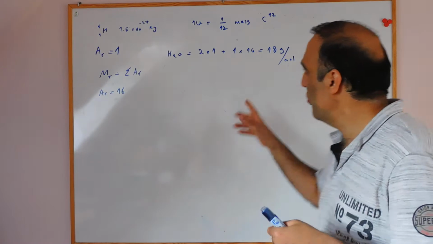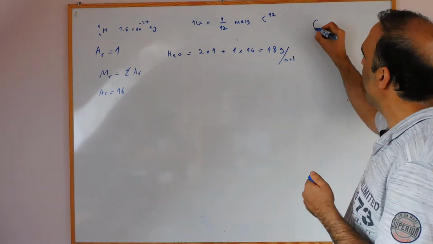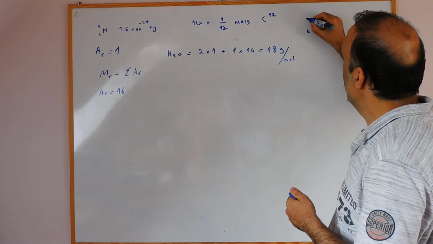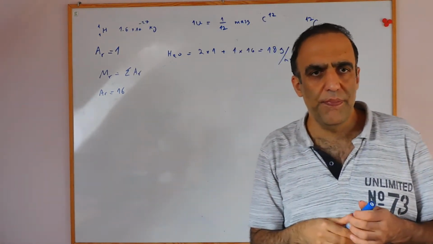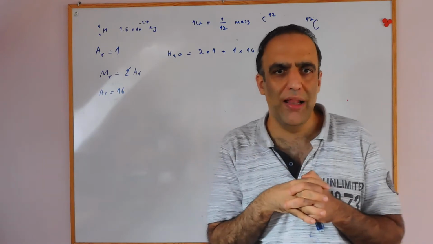Why can we use carbon 12? Because carbon 12 has 6 protons and 6 neutrons, and the isotope mass is exactly equal to 12.